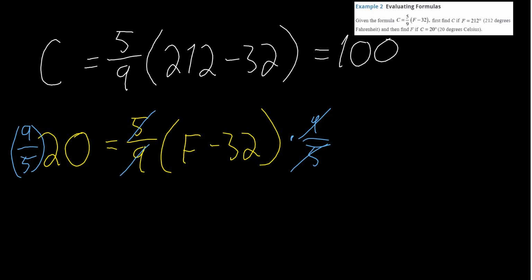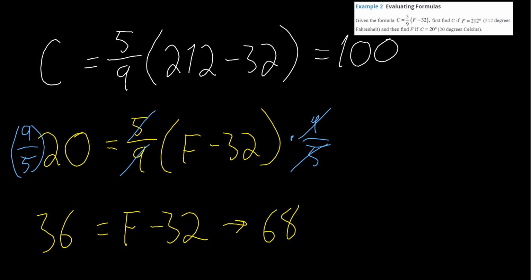Well, 9 times 20 is 180. 180 divided by 5 is 36. So we end up with 36 is equal to F minus 32. And if we solve for F, well, we add 32 to both sides, so we end up with 68. So 68 is equal to F. And so we went from Fahrenheit to Celsius and from Celsius to Fahrenheit.